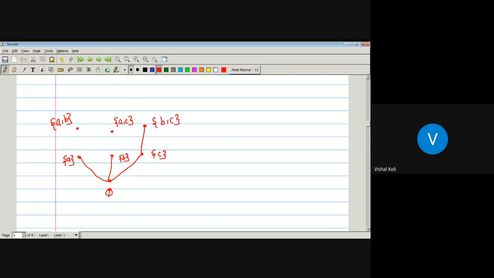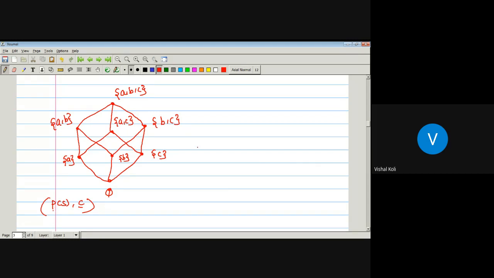Join these. And lastly here somewhere will be our set ABC, since it is an immediate successor of these three sets AB, AC and BC. So this will be a Hasse diagram of the power set of S with the inclusion relation, a lattice.